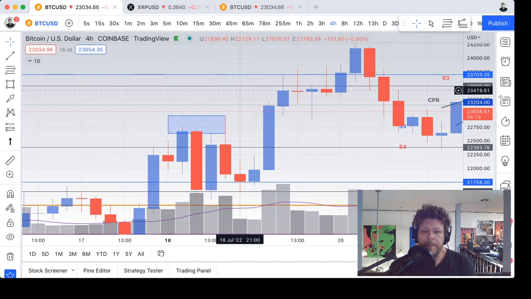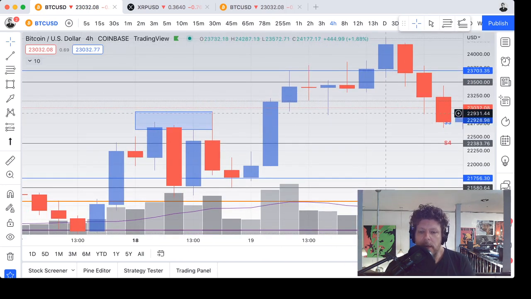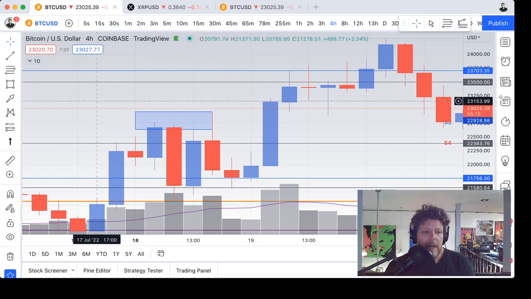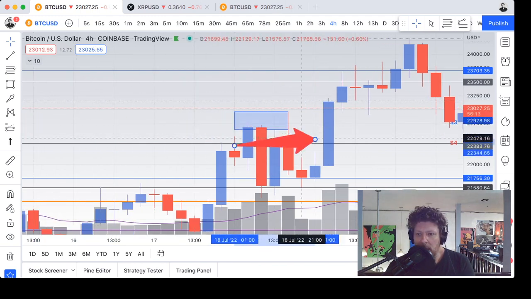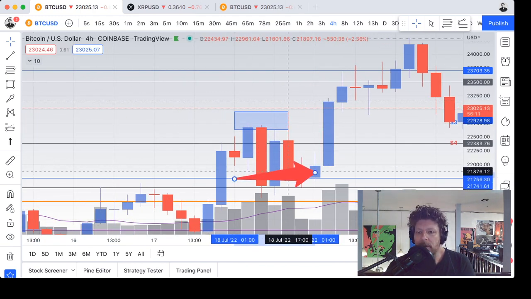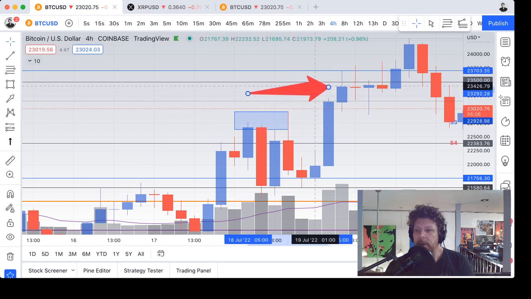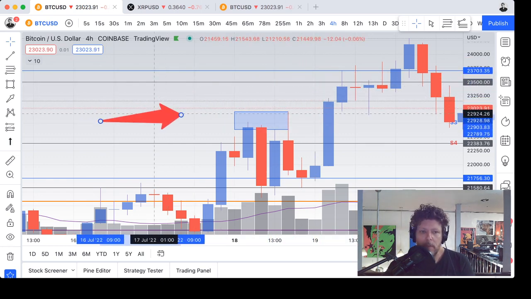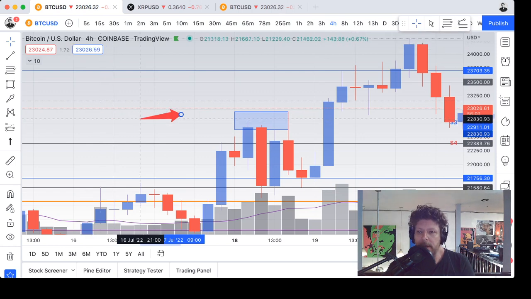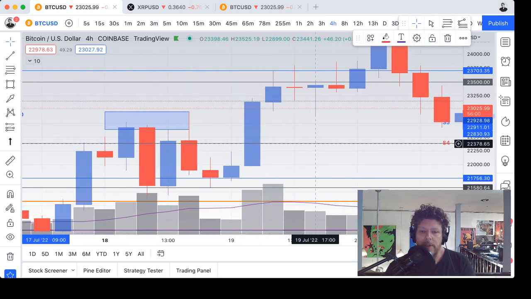Drag that over here. So just to kind of recap, what I'm looking for is a 3-candle pattern. Here's the first candle, second candle, third candle. It kind of makes a swing high right there. And I'm looking for a space between the wicks of the first and the third. I'm going to circle those for you.